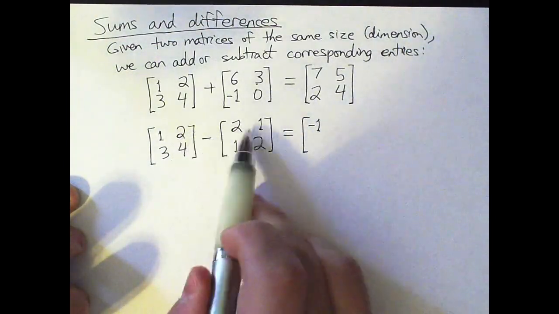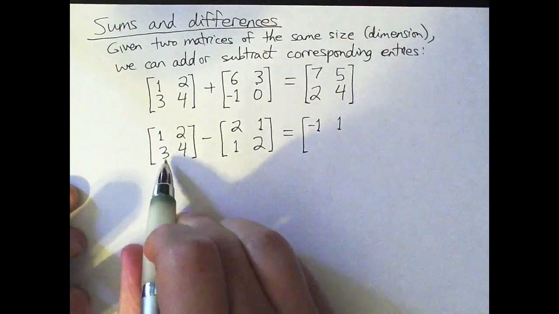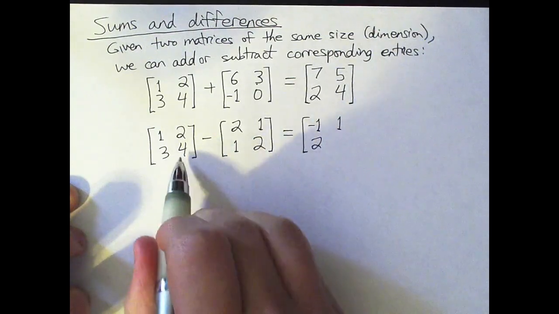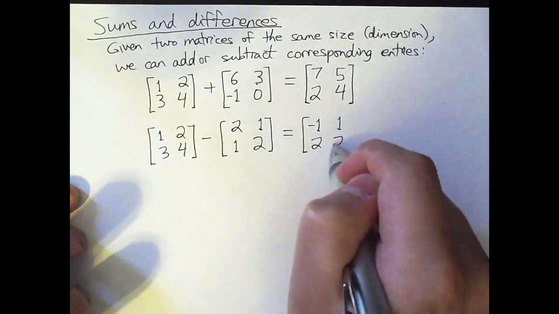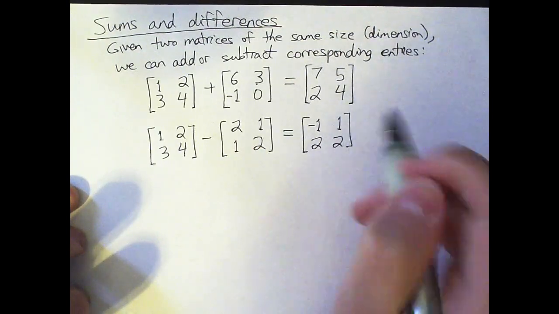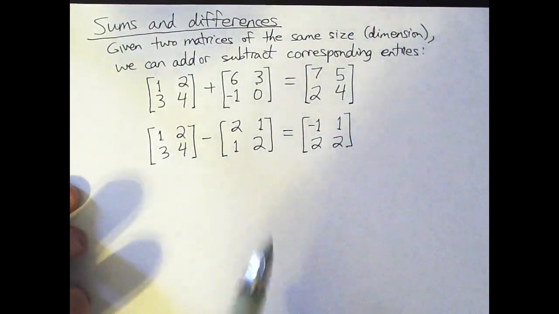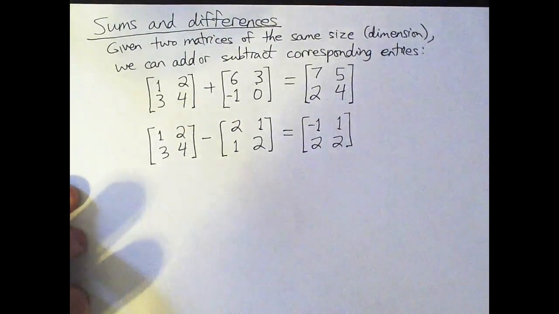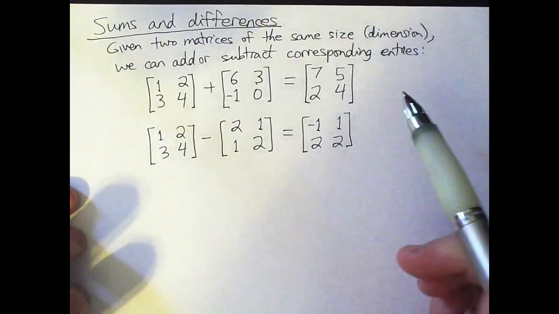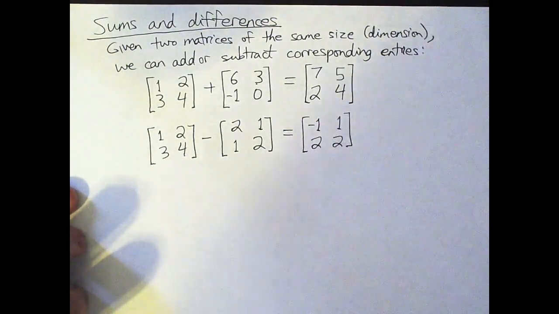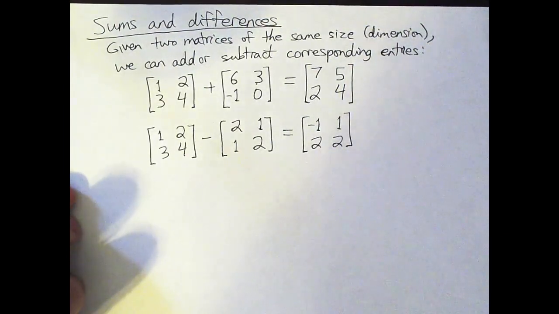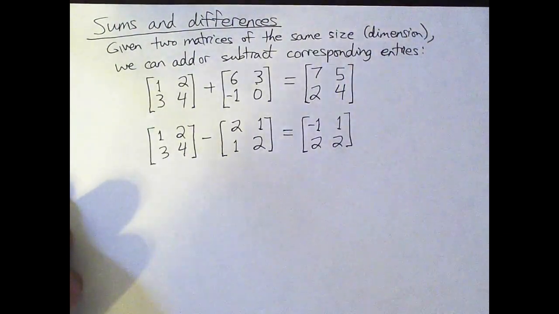And then we do 2 minus 1 is 1. 3 minus 1 is 2. 4 minus 2 is 4. I'm sorry, 4 minus 2. I wrote it correctly, but I said it wrong. 4 minus 2 is 2. So that's all you have to do if you have to add or subtract matrices of the same size.